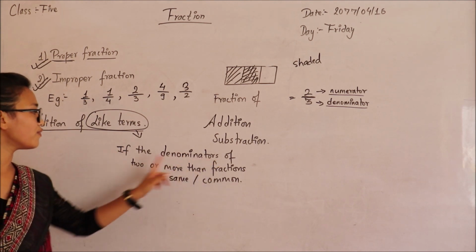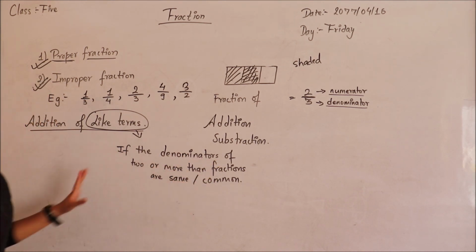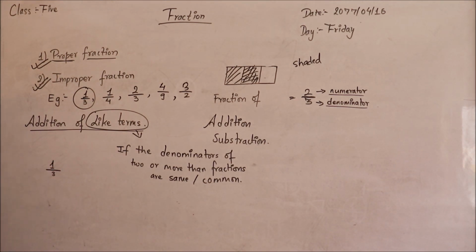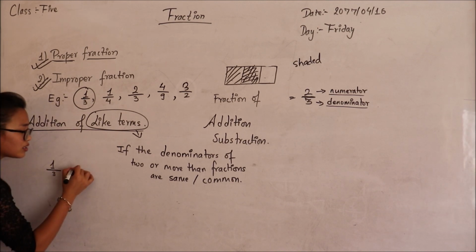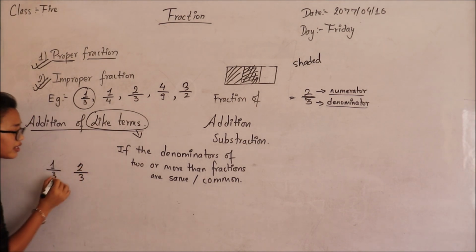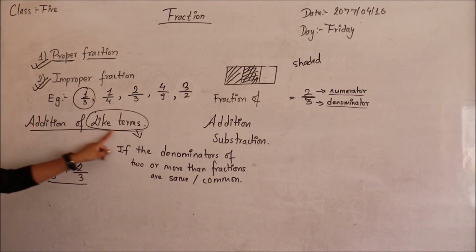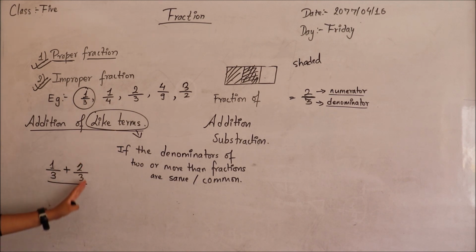For example, let's take 1 by 3. 1 by 3 is one fraction. If there is also another fraction 2 by 3, with a sign of addition, then these two fractions would be known as like terms. Now, 1 by 3.